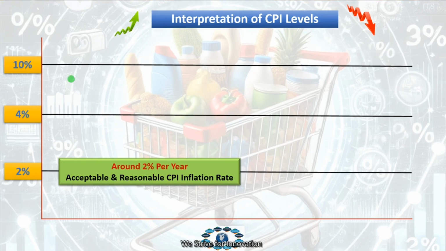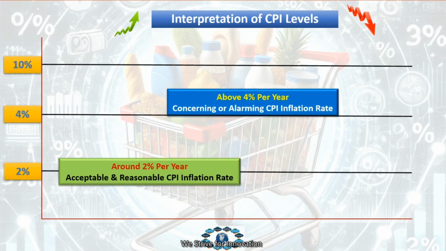And now let's see when it is around 4% or above 4%, what we call it. At that moment, we have a concerning or alarming CPI inflation rate. When the CPI exceeds 4%, it may start to cause concern. It suggests that prices are rising faster than what most wages can keep up with, which will do what?